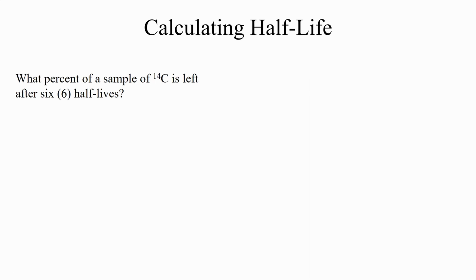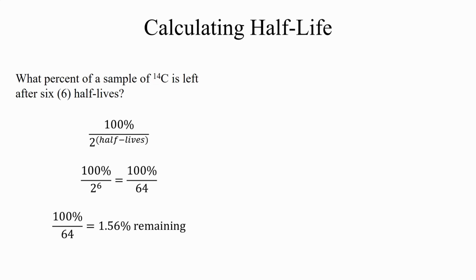Well, we're assuming we started with 100%. Easiest way to do this, we just take our 100% divided by 2 raised to however many half-lives have passed. So in this case, after 6 half-lives, only 1.56% of the carbon-14 remains.